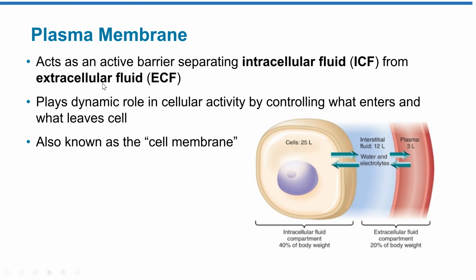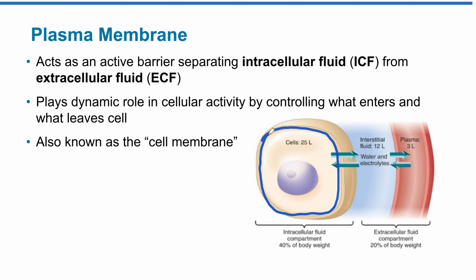The plasma membrane acts as an active barrier separating intracellular fluid, another name is ICF, from extracellular fluid, ECF. It plays a dynamic role in cellular activity by controlling what enters and what leaves a cell. It is also known as the cell membrane. So you can see on this diagram, we have a plasma membrane or cell membrane.